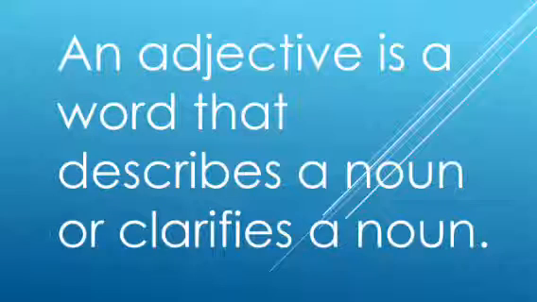It gives you information on people, things, ideas, nouns or pronouns. It is very important to understand what adjectives are and to know how to use them because they are essential when you speak English. Adjectives give us so much information about nouns.